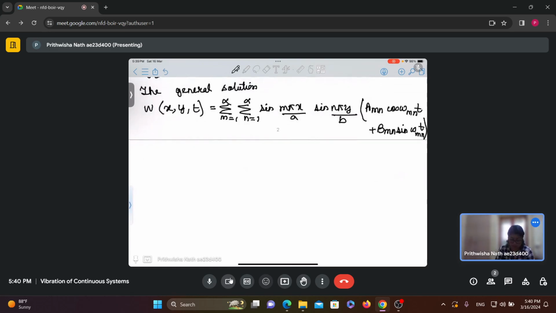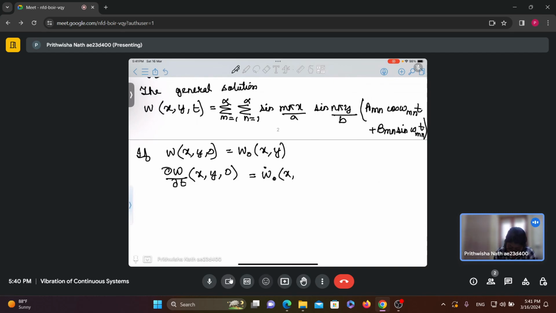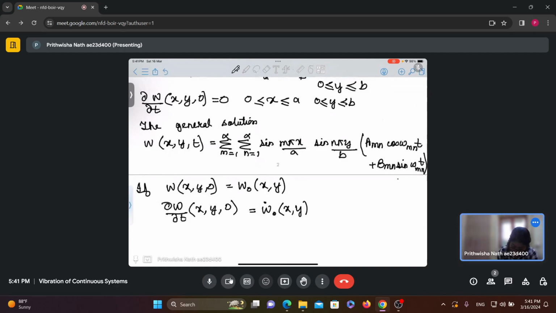Now, if W(x, y, 0) is denoted as this, and the partial derivative of W with respect to t is denoted as W dot naught (x, y), suppose this is equation number 1, this one.